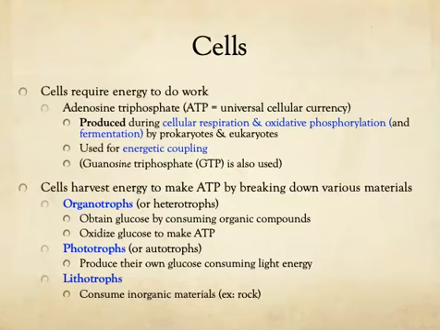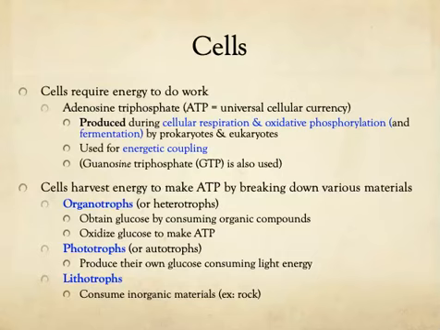That glucose, again, is oxidized. It is broken down so that the energy from the glucose can be harvested and can be used to produce ATP. Phototrophs, also called autotrophs, are the kinds of organisms that don't need to consume glucose because they can produce their own glucose.